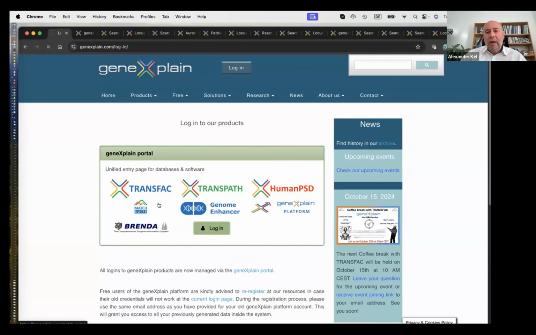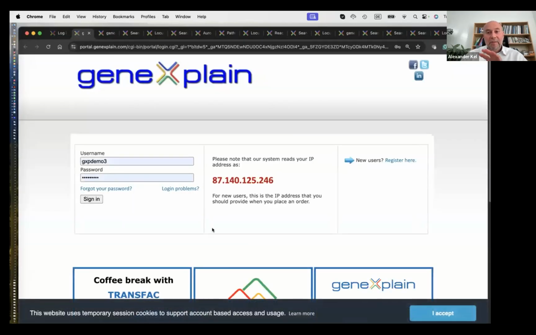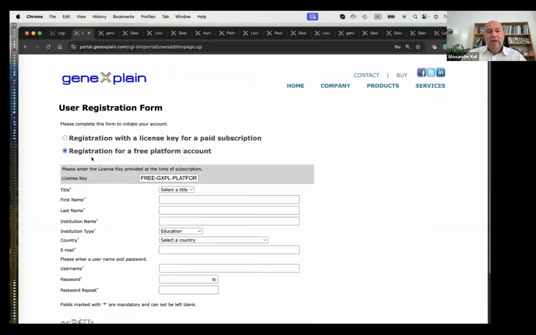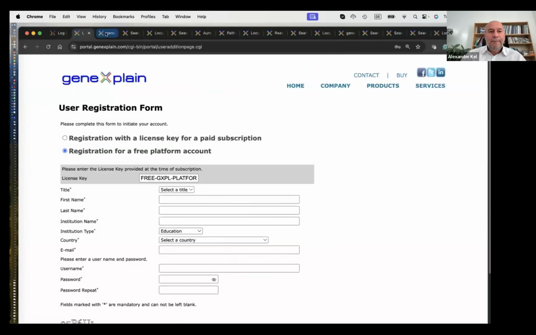If you don't have an account and you don't have a license for TRANSFAC, you still can get something to try yourself for free. If you click here on register, you see there is a registration for a free platform account. You get a license key automatically, you put in your name, and you get an account on the platform. And the platform is here.